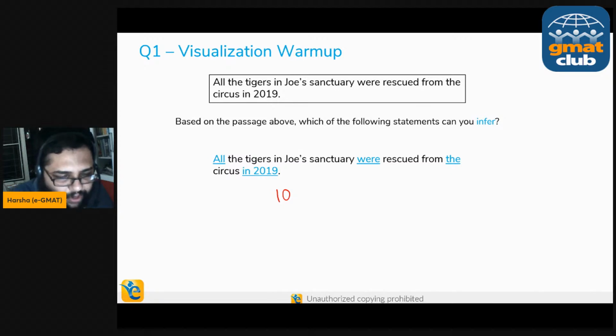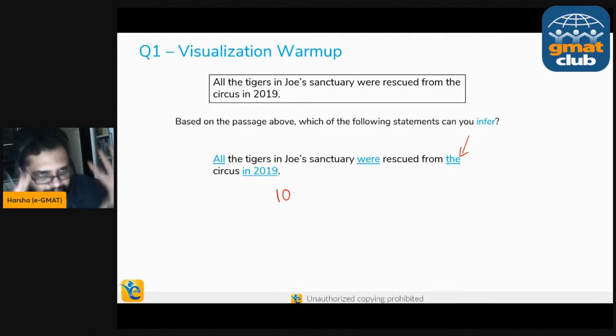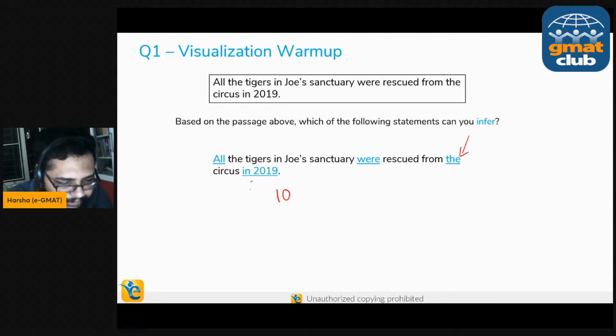What does this sentence mean? All of these 10 tigers, or in other words, each and every one of these 10 tigers, were rescued from the circus. Now we don't know what the circus is. Some circus which is referred to as the circus. Is it X circus, Y circus? We don't know. Whatever it's referring to. From the circus, specifically in 2019, not any other year.